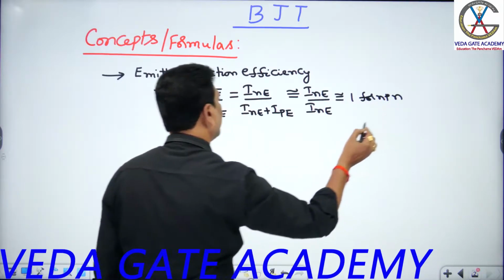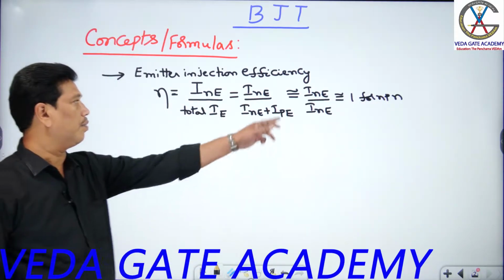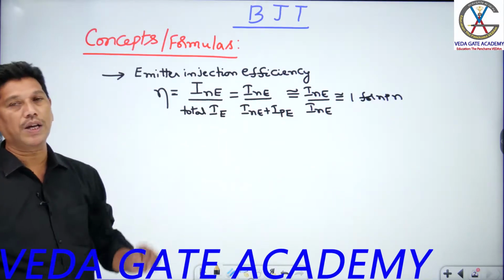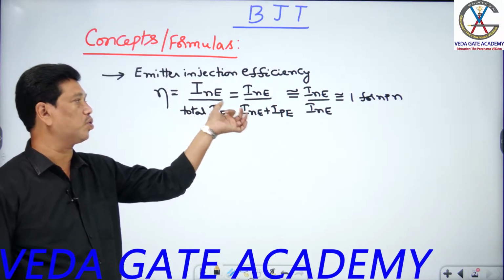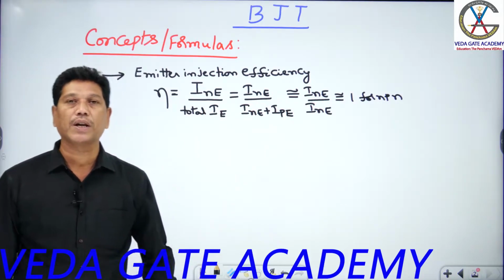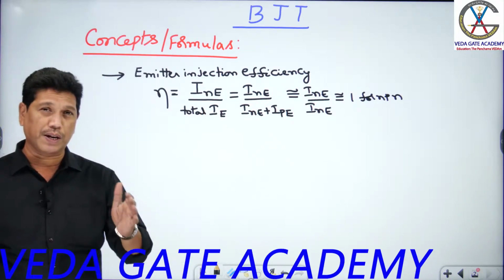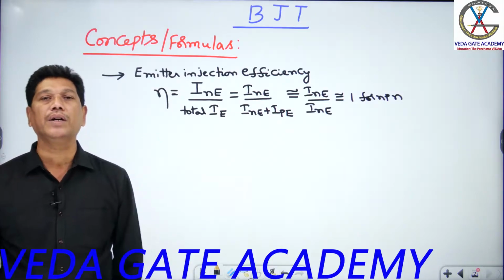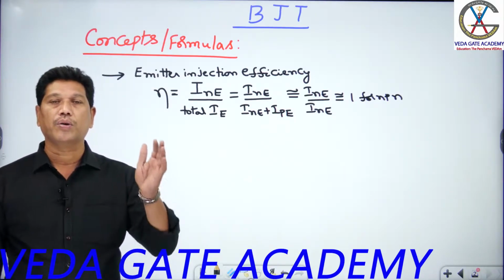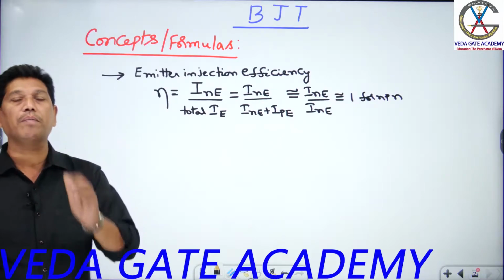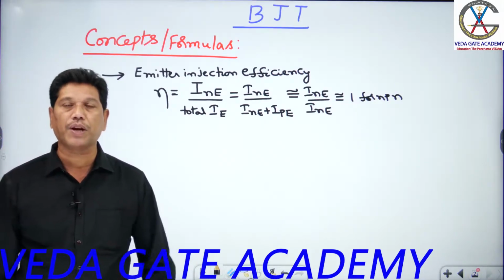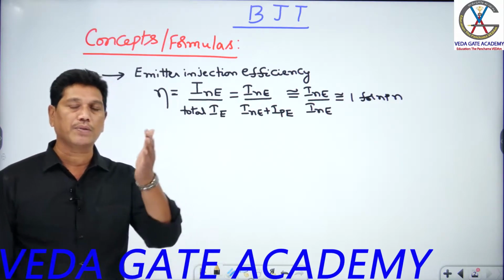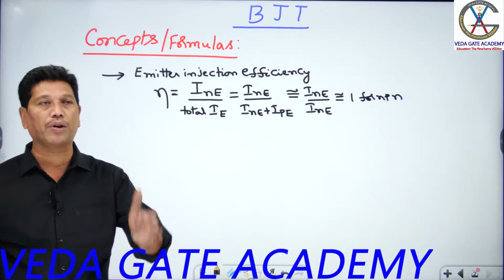For PNP, you write IPE by total IE, and in the case of PNP also, IPE by total IE is close to 1. So finally you can confirm that in a BJT, the emitter current is mainly due to the diffusion of carriers from emitter to base. The main current mechanism is a diffusion mechanism, where the main current is the emitter current.